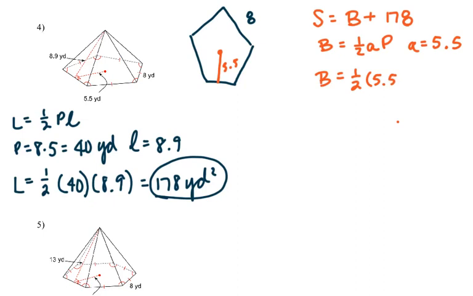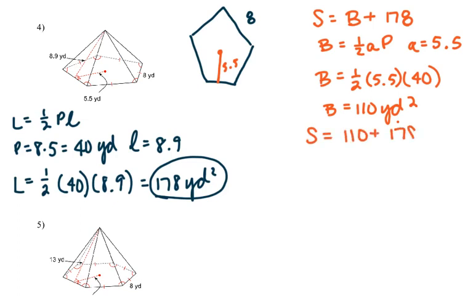And the perimeter is 40. We already figured that out. So the area of our base is 110 square yards. And for total surface area, we need to add our base to our lateral area. So we get 288 square yards for our total surface area.